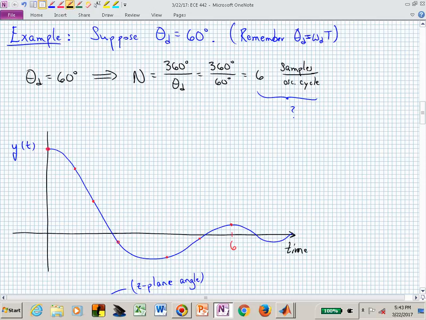If we had an exponentially damped cosine waveform, it would have this shape.